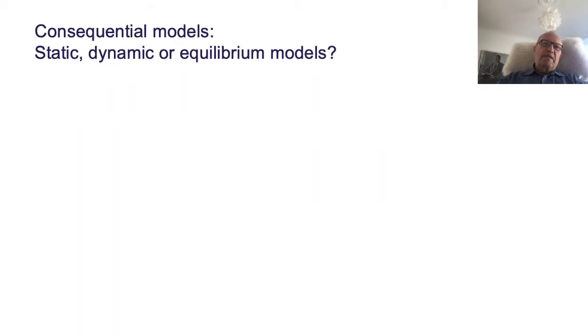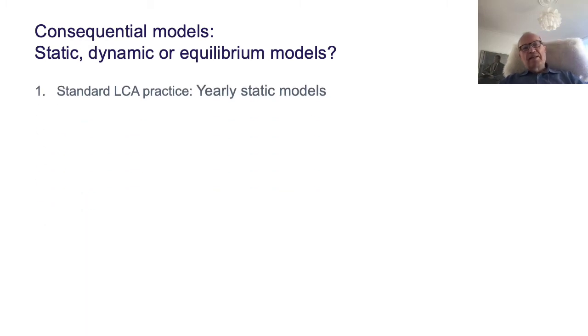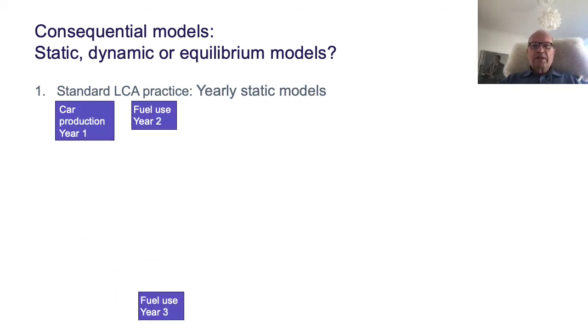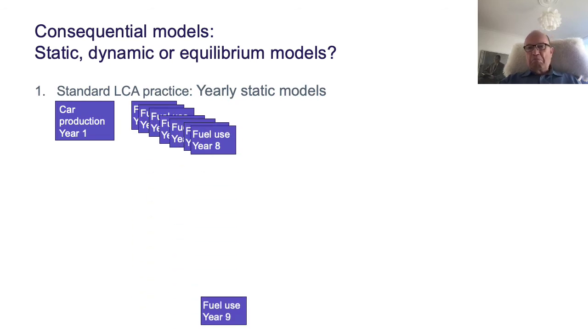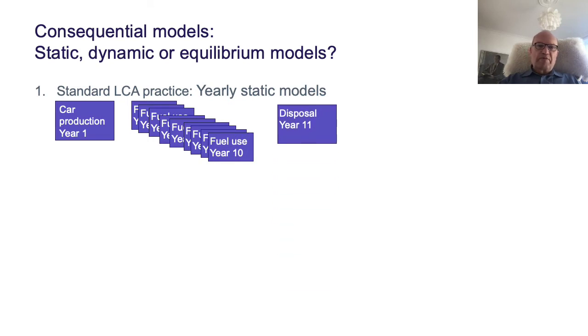Another aspect of time is the difference between static and dynamic models. Now, in standard LCA practice, we have yearly static models. That means that we, for example, have car production in year 1, then we have fuel use in years 2, 3, 4, 5, 6, 7, 8, 9, 10, and then finally we dispose of the car, let's say in year 11.